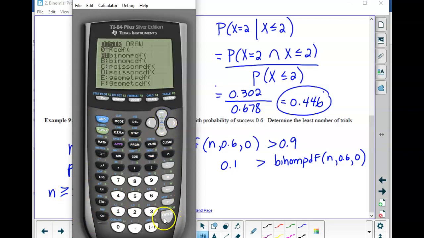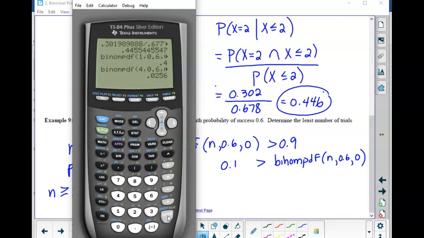So we're doing PDF. Trials we don't know, so let's start with 1. And probability 0.6, and x value is 0. Okay, so it's too big. So then if we go binom PDF again, it keeps your values. Now you want to increase your trials. Let's go a little bit bigger, so let's go 4. Well, that is smaller, so maybe I went too high.